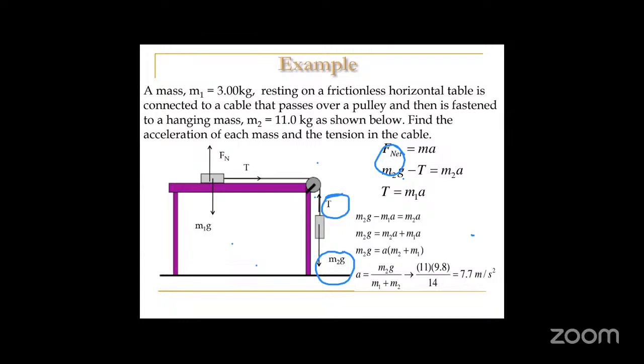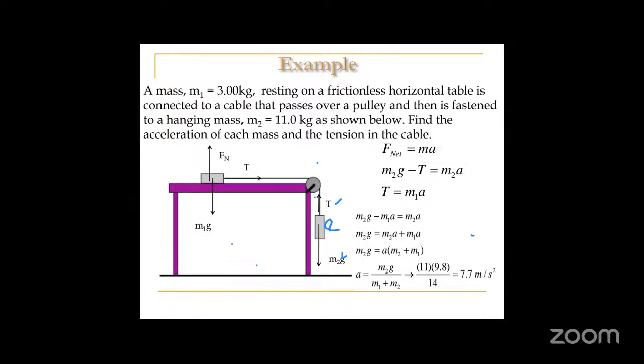So that is how we got this first expression: M2G minus T is equal to MA. But because we are dealing with the second mass, the nomenclature is M2G minus T is equal to M2A. So take note of that.